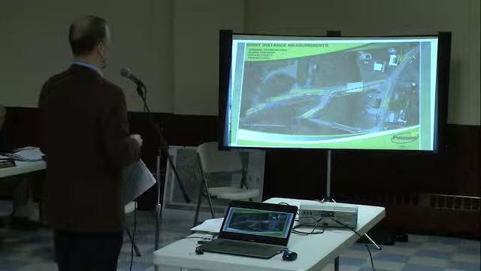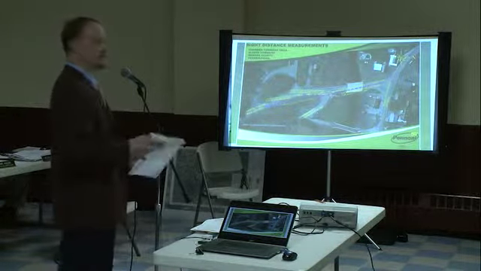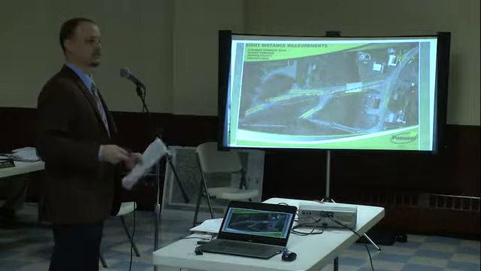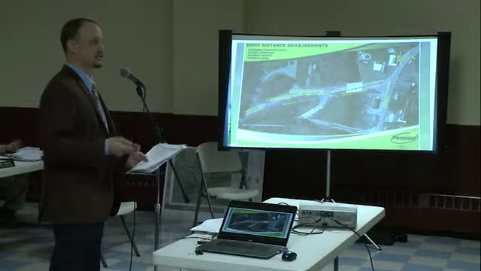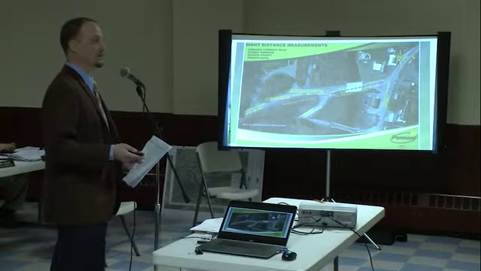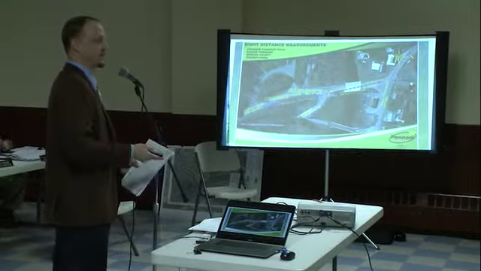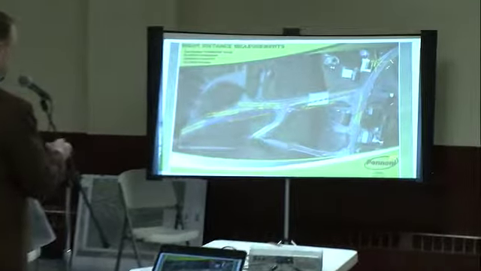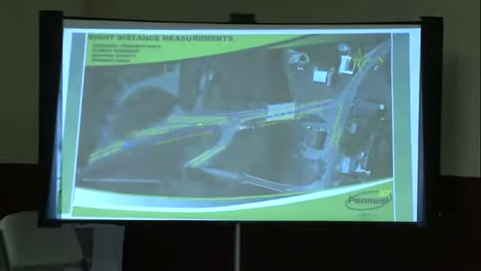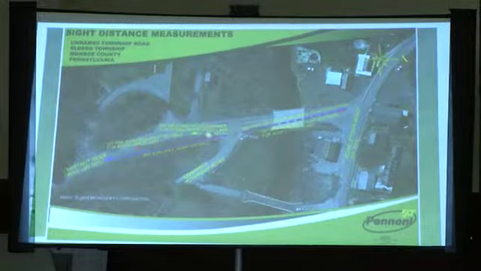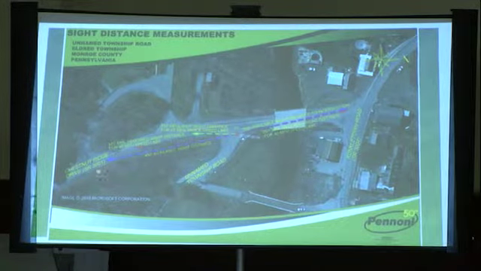The next part of our evaluation was site distance measurements. One of the concerns was let's take a look at what the site distance measurements are today and what they would need to be. So in accordance with PennDOT's criteria, we evaluated what the site distance would be. And what you'll see here, and it is a little difficult to see, we have 3 different colored lines shown.